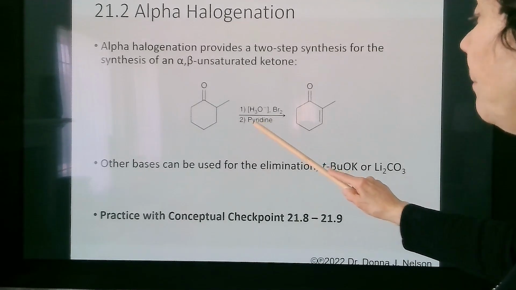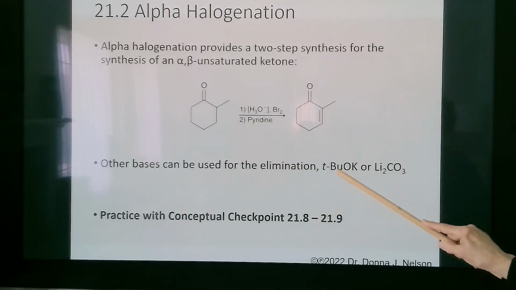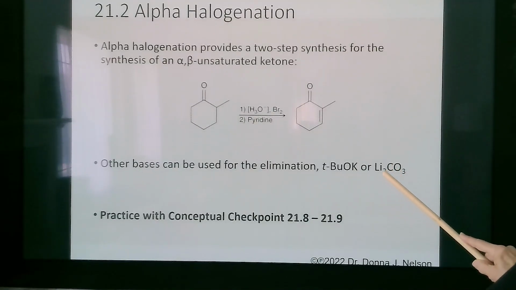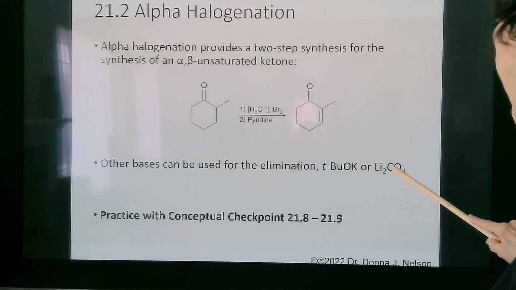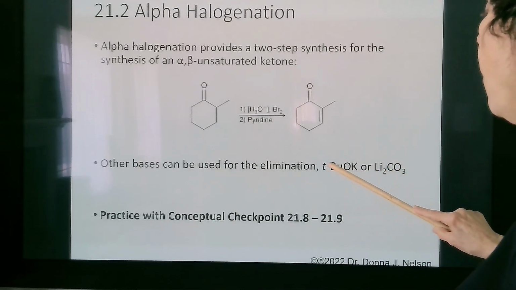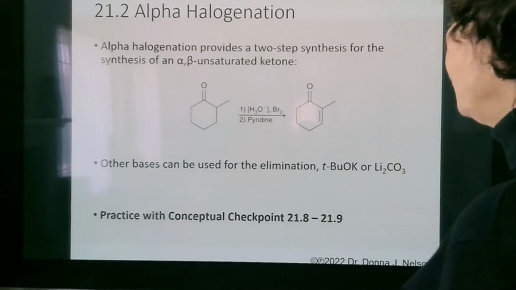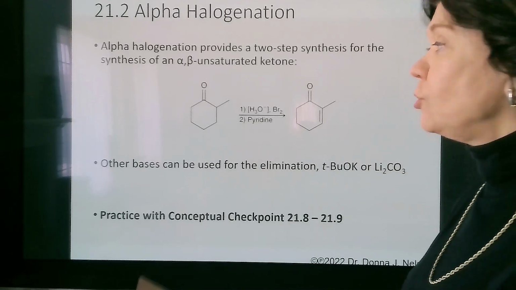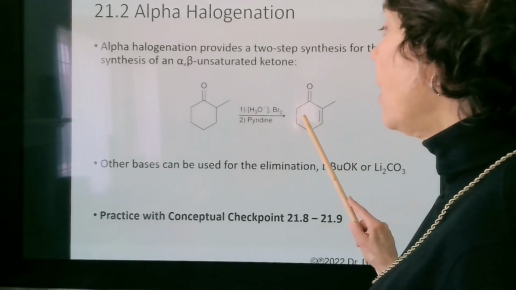You can use other bases here, such as t-butoxide, or lithium carbonate. Notice that these bases that are used are sterically hindered, and there's a reason for that, because you want the base to function as a base and not a nucleophile.